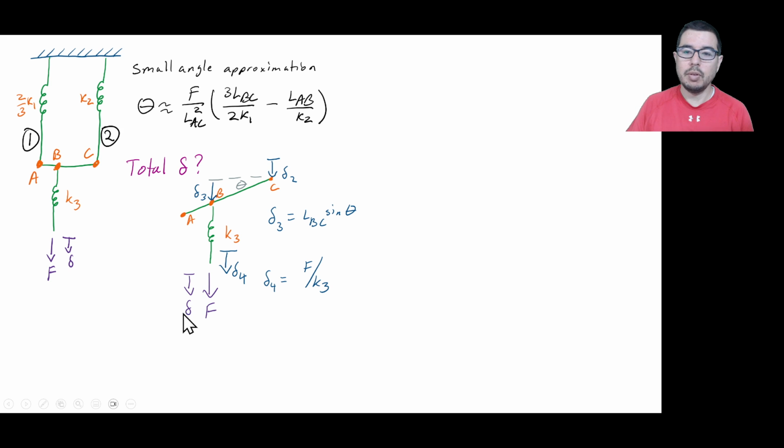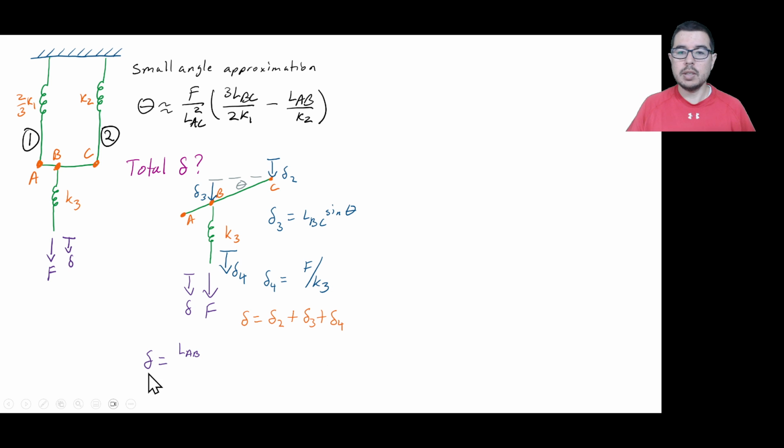And then we're going to have our overall delta, which will be equal to, as we hinted at, delta 2 plus delta 3 plus this delta 4. We can solve for delta 4 because we know what the force is, we know what K3 is. We can solve for delta 3 because now we know the angle of rotation and we know the length of LBC. All right, the angle of rotation comes from this expression.